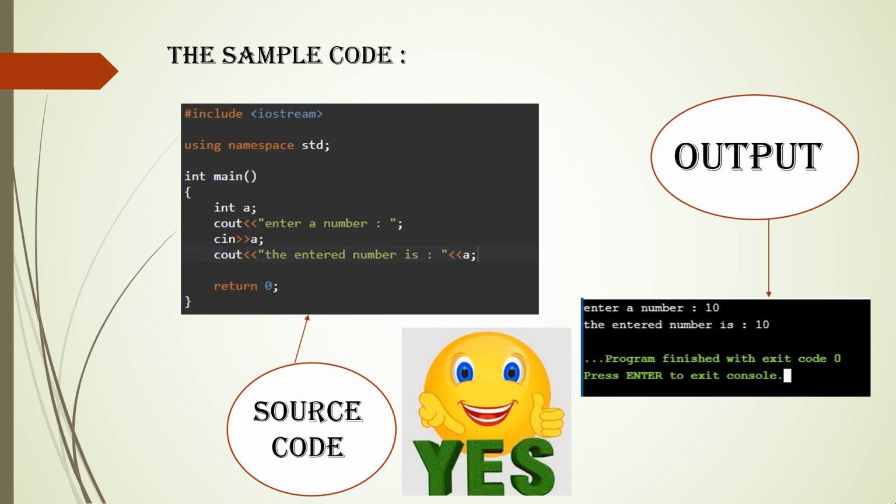Then I have printed a message with the help of cout, that is, enter a number. It will tell the user to enter the number, and in the next line I have written cin with the extraction operator, then a with a semicolon. So it will take the input, whatever number the user enters, and store it in the variable a. After this, I have displayed that number with the help of the cout operator.